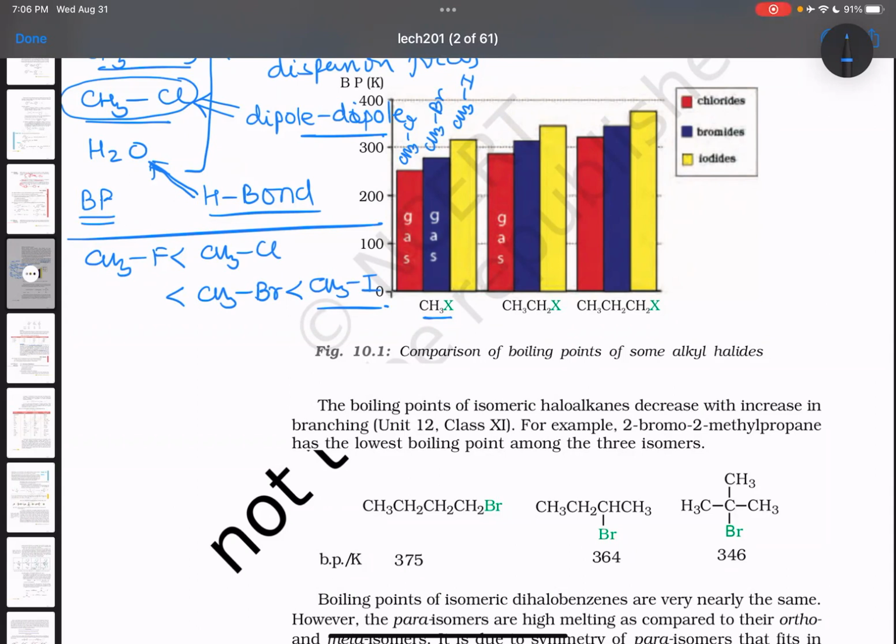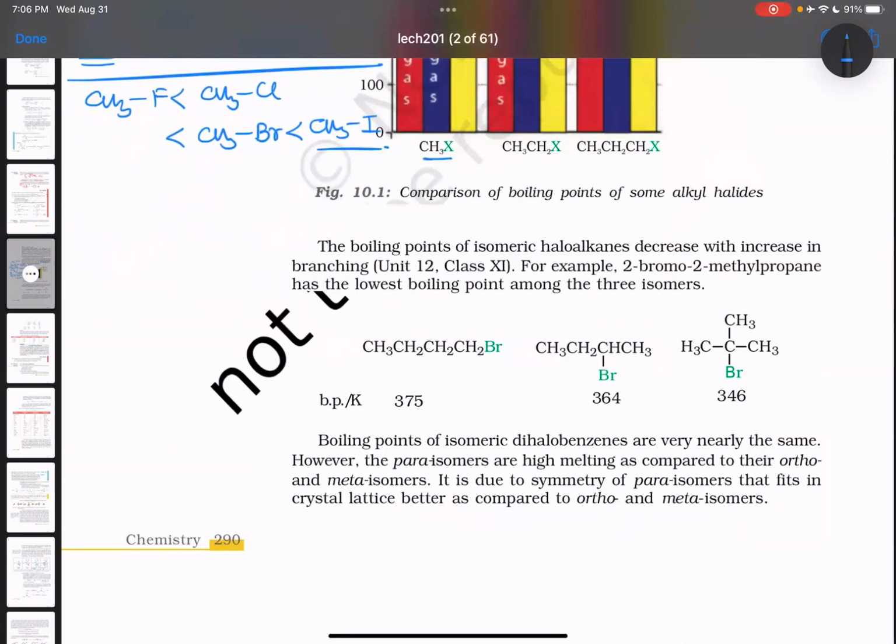And if you have the same number of carbon atoms but different types of carbon chain, then how can you compare the boiling points? If R is also an alkyl group with the same number of carbon atoms and the halogens are also the same, then how can you compare the boiling points?